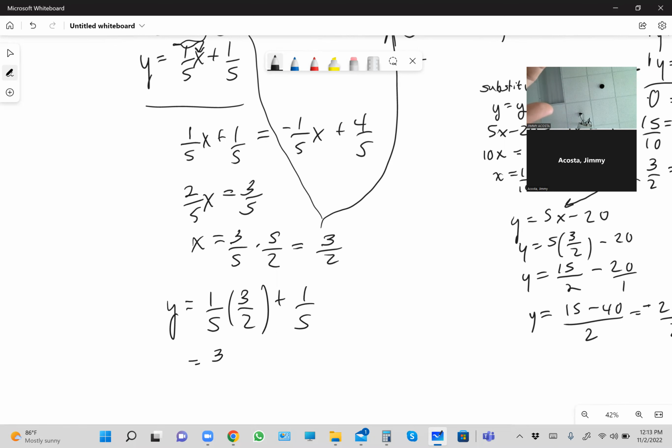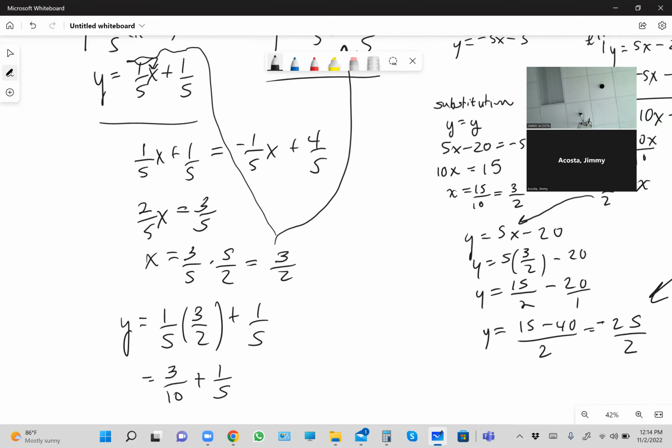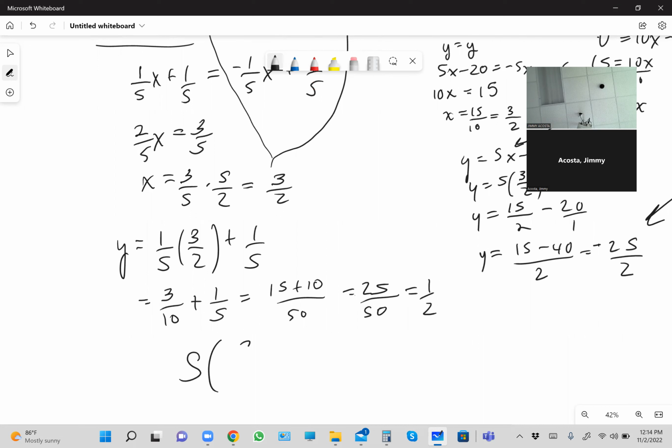So that's 3/10 plus 1/5. So 3/10 plus 1/5, that's 15 plus 10 over 50. Oh, that's 25/50. It's half. So S is 3/2 comma half.